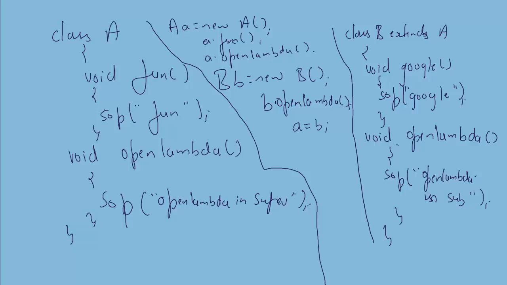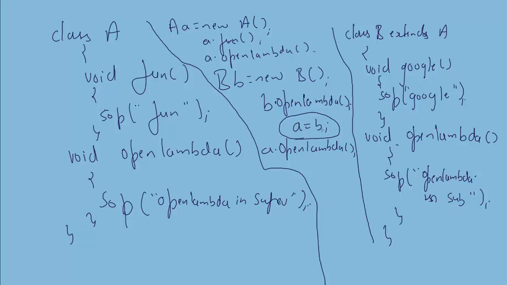Now through a, what members can I access? Only the members of the superclass. I can access fun and a dot open lambda. When I access open lambda, what would be the output? What was the idea in the previous session? Superclass variable pointing to subclass object.